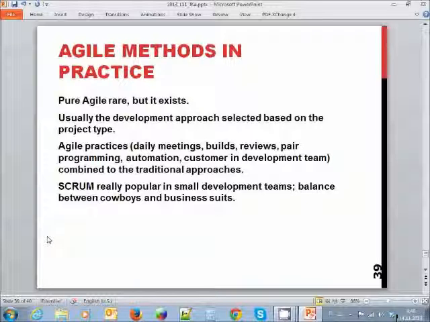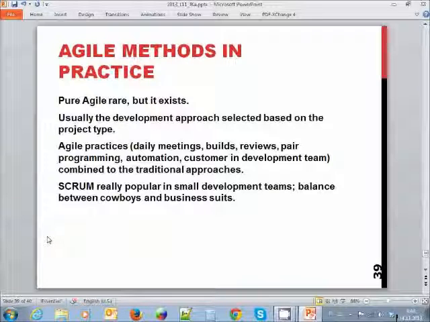In most companies, there's a hybrid of agile and the traditional approach. People apply things from agile methods, but still have the documentation and things like that. The agile practices, daily meetings, daily builds, reviews, pair programming, automation, customer and development team cooperation, are quite usual, even if we are doing really traditional programming.